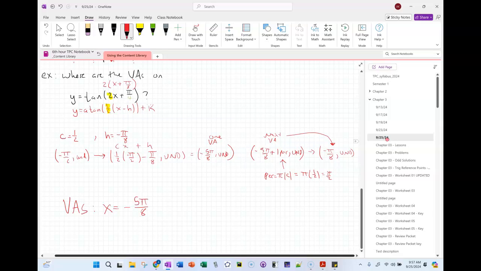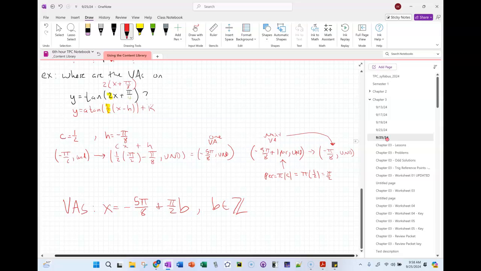We found negative 5 pi over 8 plus 1 period, pi over 2, times k, where k is just, well, let's use a different letter. What's a free letter that we haven't used yet? We did A, C, H, and K. Let's do B then. Does that sound okay? Where B is just any integer.